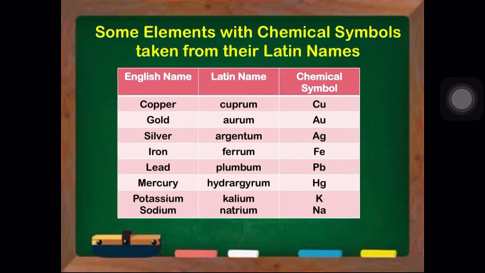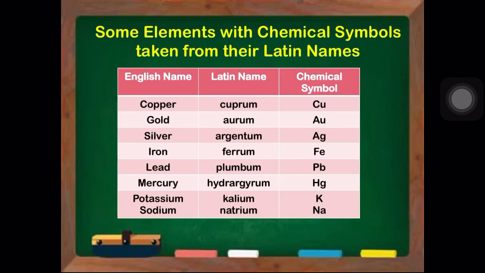Latin name, aurum. Chemical symbol, big letter A, small letter u. Silver. Latin name, argentum. Chemical symbol, from the first letter and the third letter of its Latin name. Capital letter A and small letter g.